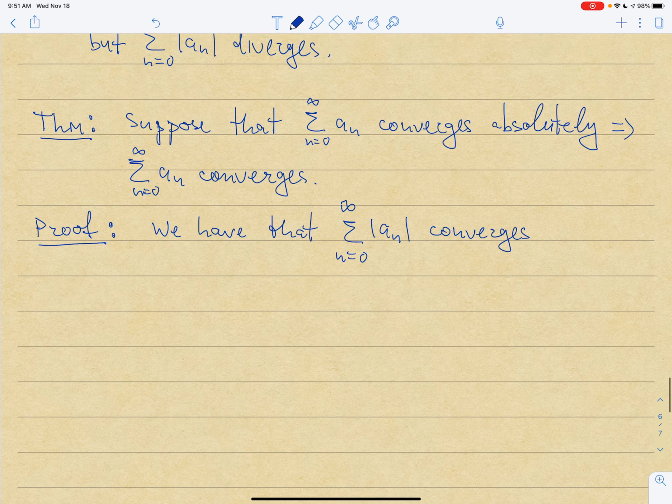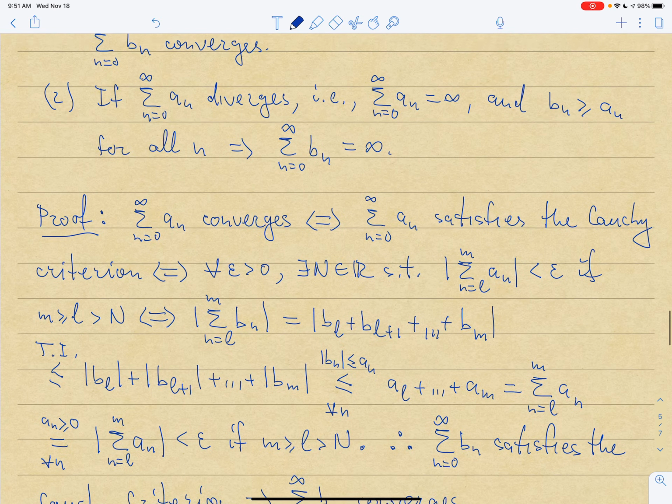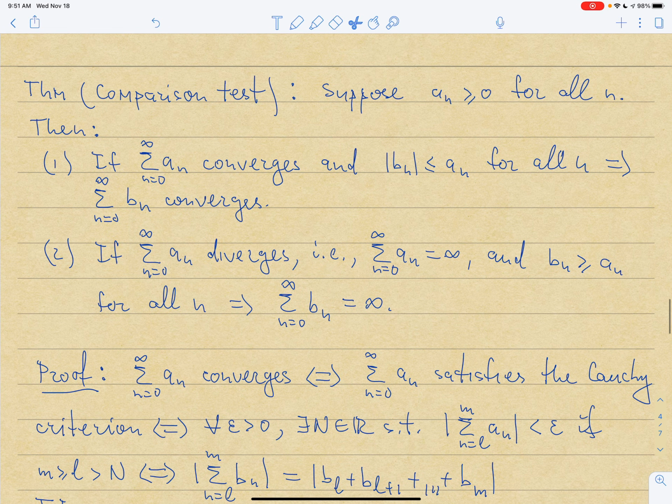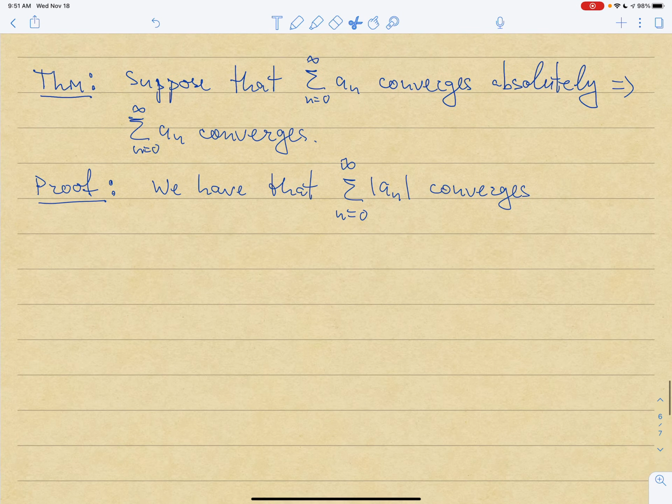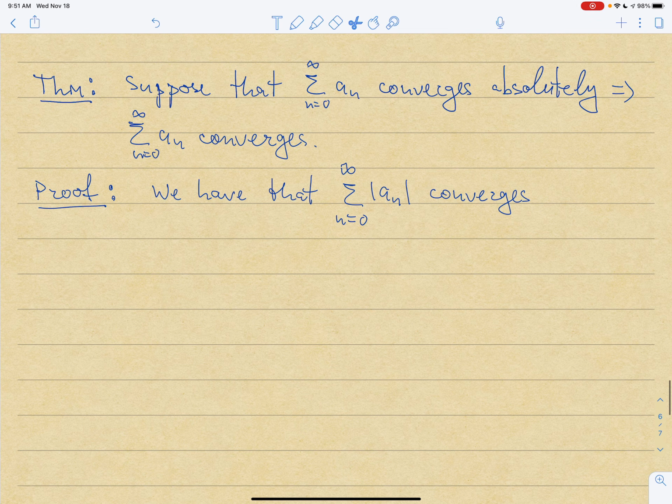Let's look at the comparison theorem. The first item in the comparison theorem states that if absolute value of Bn is less or equal than An, and the series of An's converges, then the series of Bn's converges. Well, but in this case, what is my Bn? Bn is actually An itself, right?